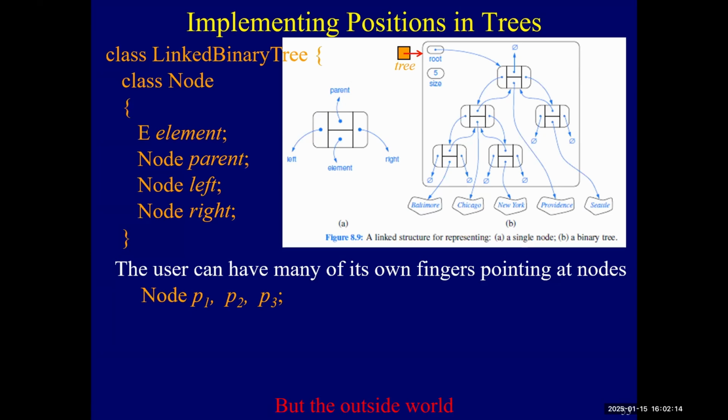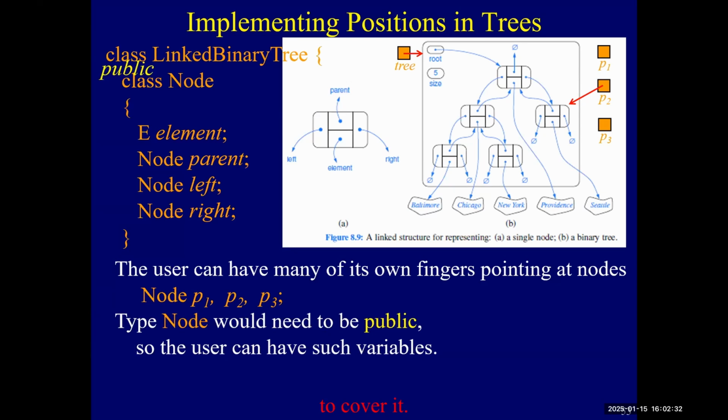But the outside world can't know about nodes. Quite frankly, I have never experienced enough not to think that this is a little silly, but maybe it's useful. We're supposed to cover it, so I guess it must be a little silly.